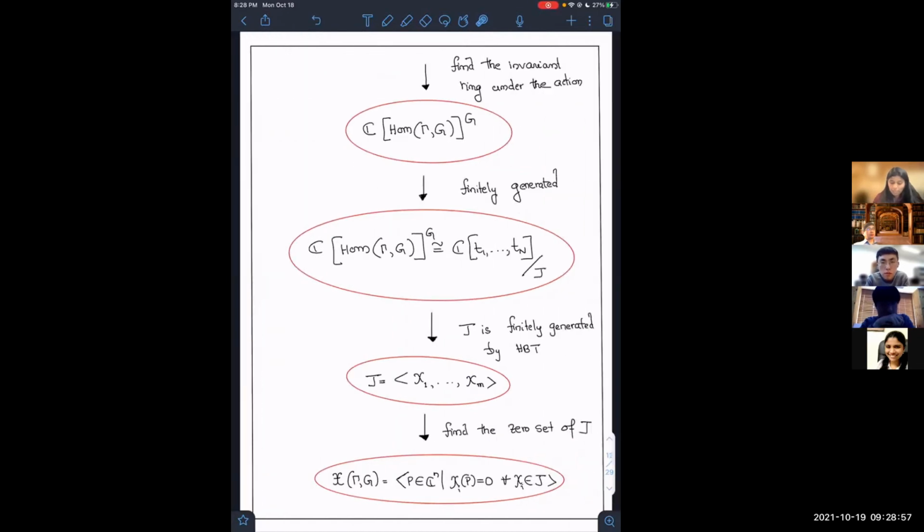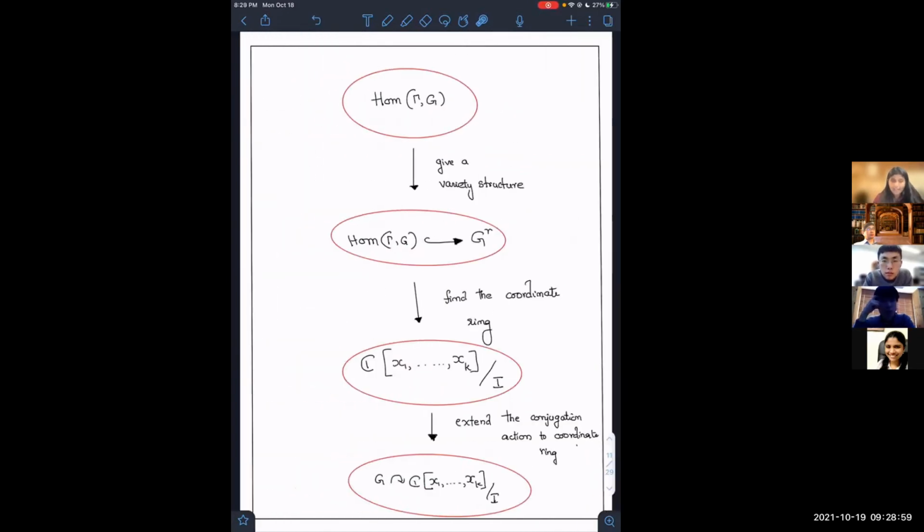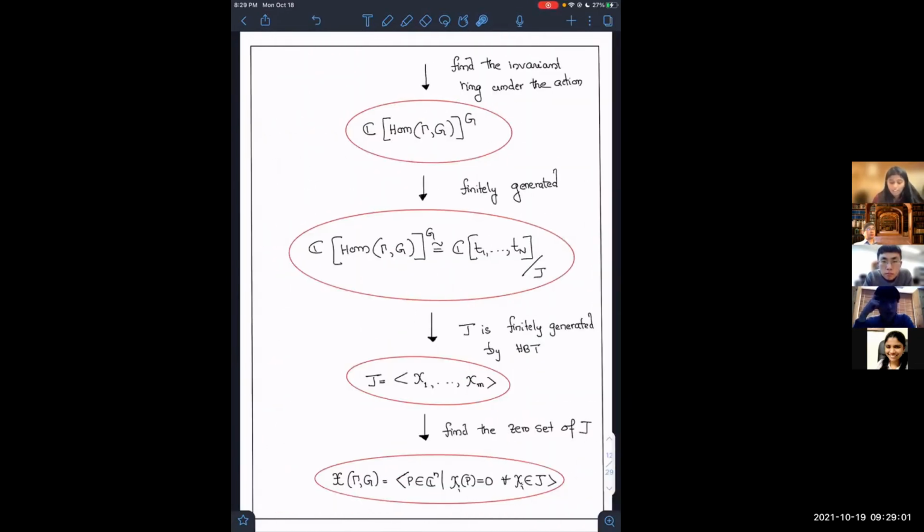Once we have this action, we want the invariant ring under this action, which is the set of all the polynomials which are invariant under the action. And then we want to compute the variety corresponding to this subring that we just calculated.